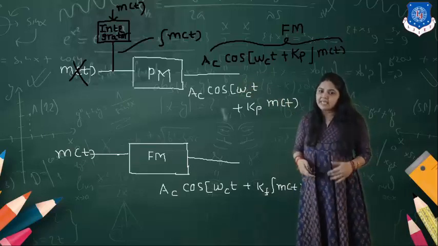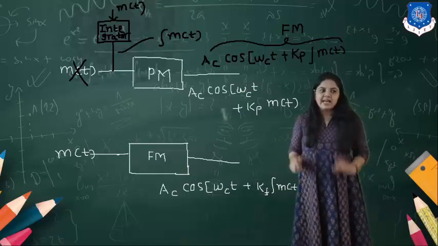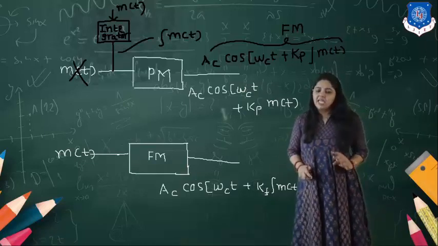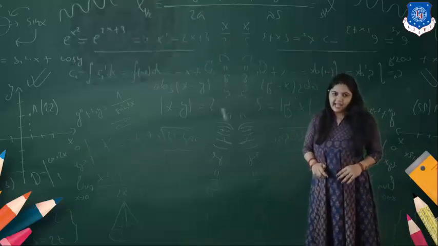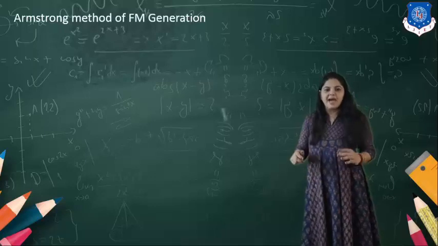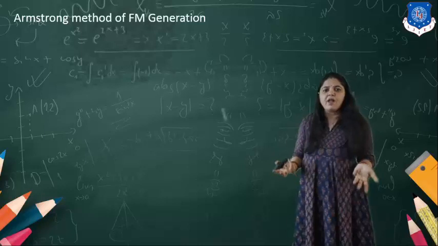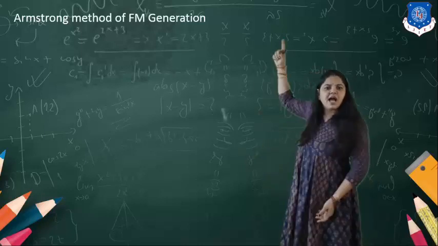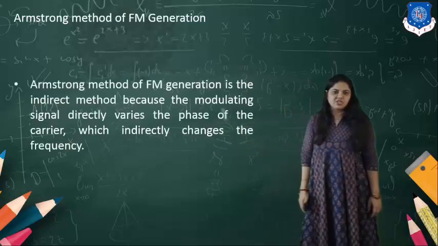So using the PM output, we are generating the FM, and that is known as the indirect method for generating the FM. The method used for getting the stable frequency is the Armstrong method of FM generation.